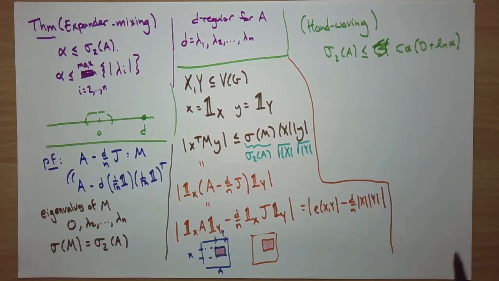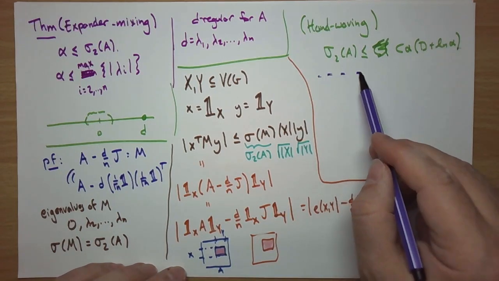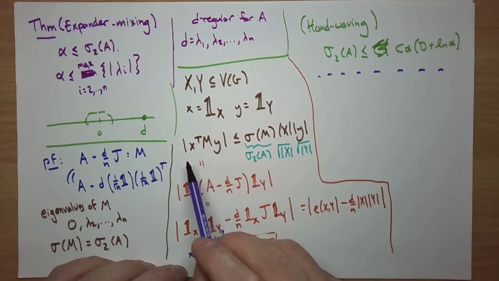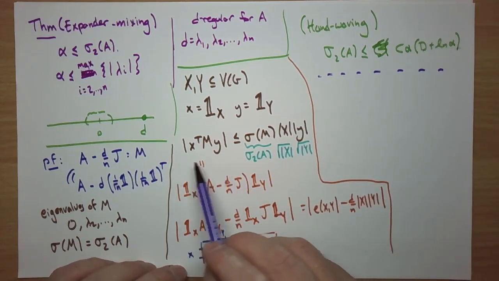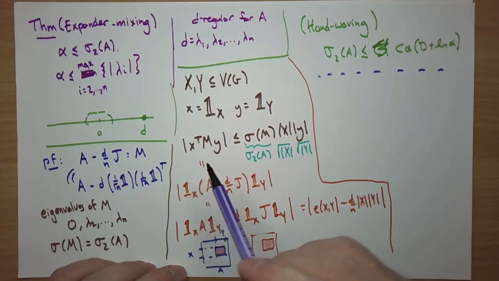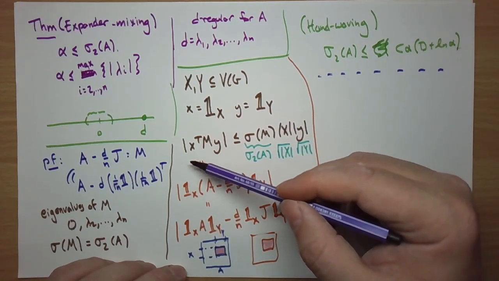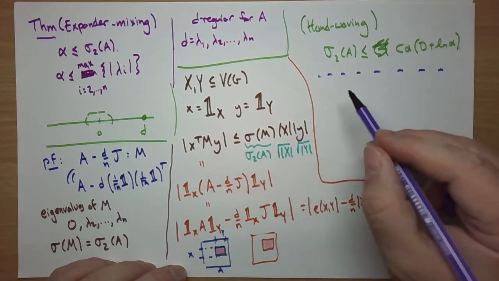Maybe I'll only have to correct myself 2 or 3 times. We want to say something about x transpose My. That's our goal. The basic idea is we know we have a small alpha.